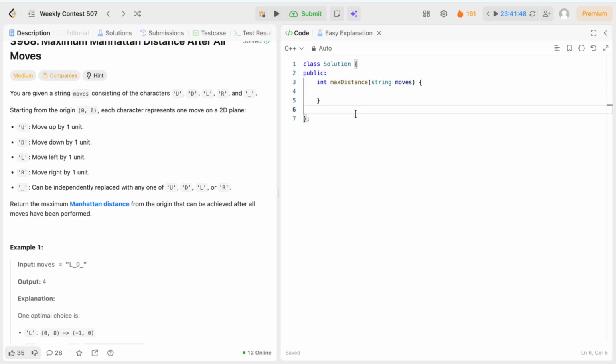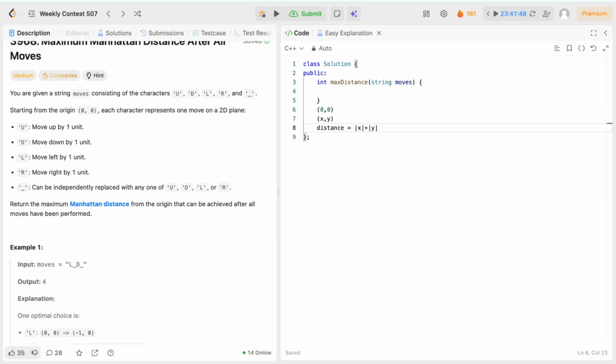So the first point is (0, 0), and the second point let's consider (x, y). So the distance will be the absolute value of x minus 0, which is x, and the absolute value of y minus 0, which is y. So this will be our distance.